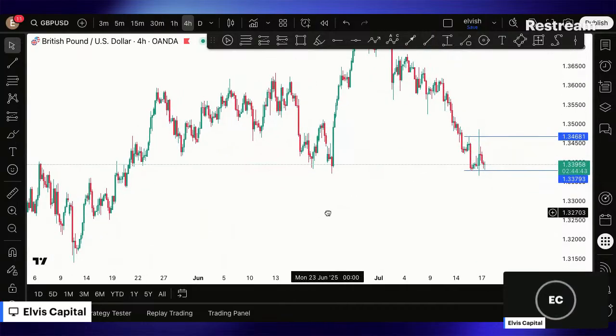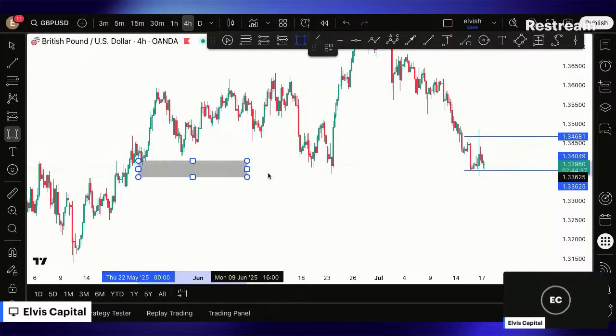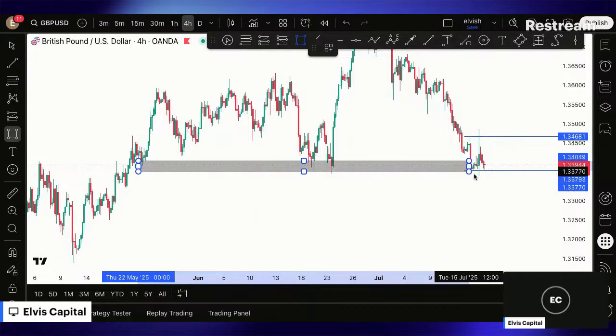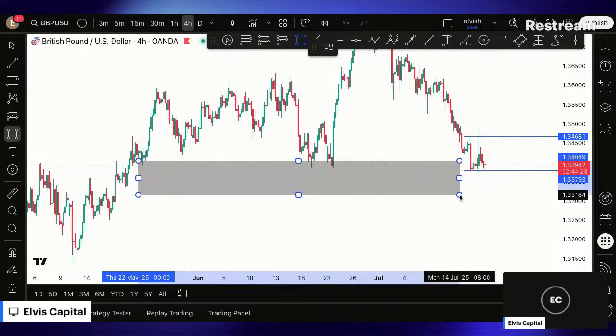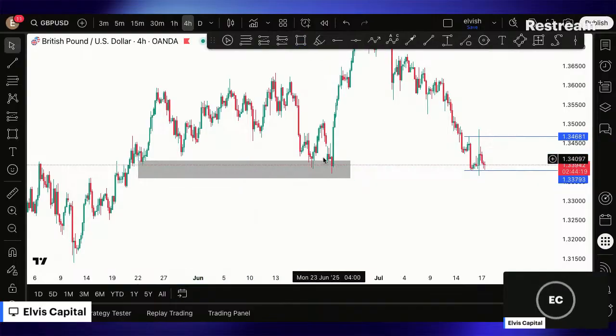If you look down below here, you can see I have an area that has been respected several times. Whenever price reached this area, price bounced off. Knowing that, I think it's high time for us to go for buys. Why am I calling for buys? Let me first show something.